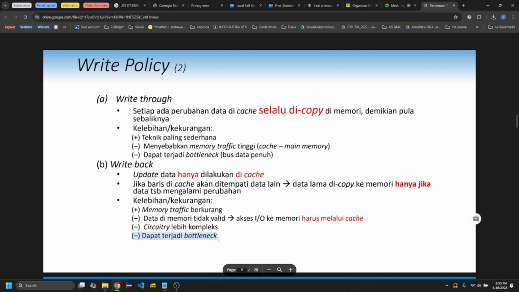In that case, every single line in the cache needs to be written into the memory, which can still cause a bottleneck. But overall, the memory traffic is less than the first method.